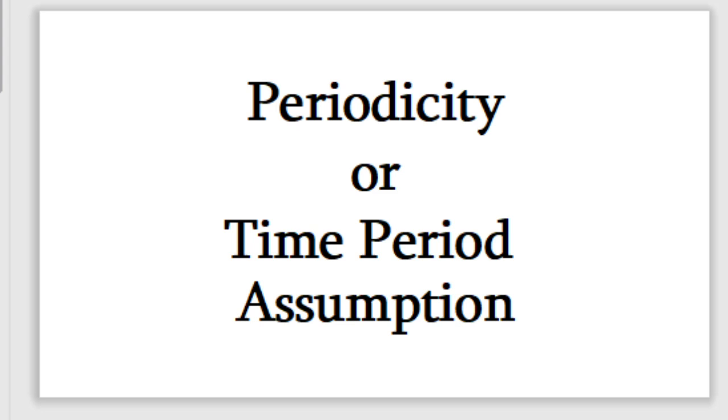So, hindi ibig sabihin na yung sa accounting cycle, sabi dito beginning to the end. Dito kasi sa periodicity or time period assumption, ginagawa itong pagsa-summarize ng ating mga financial reports depending on the need of the management.